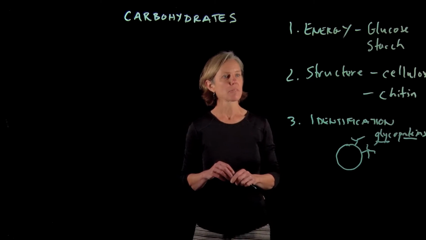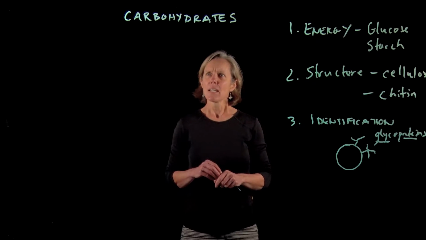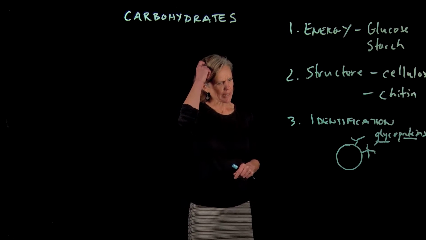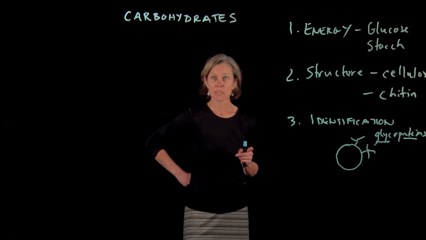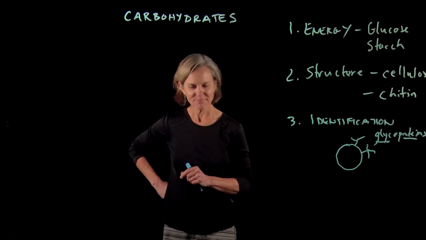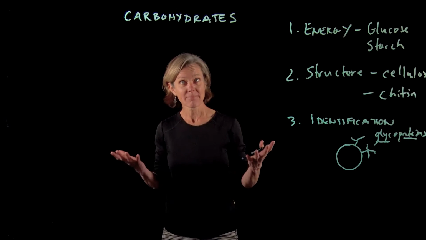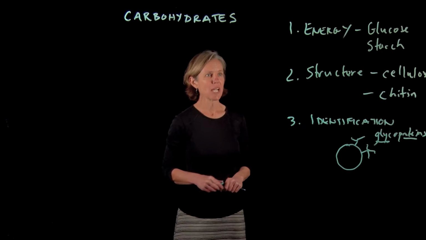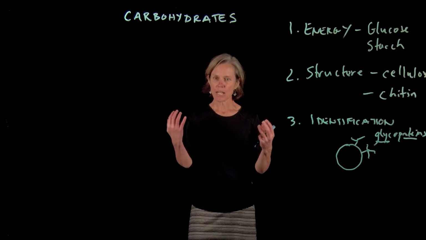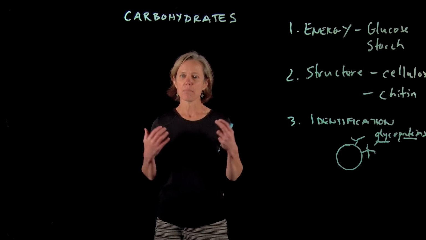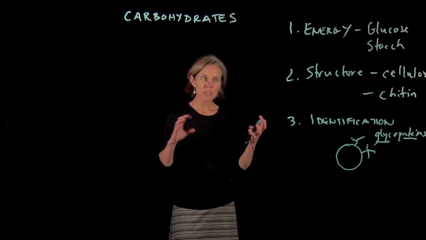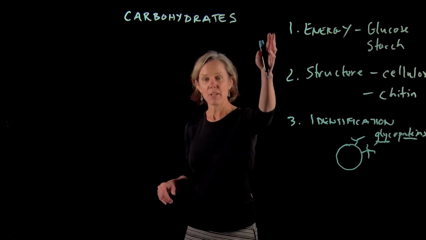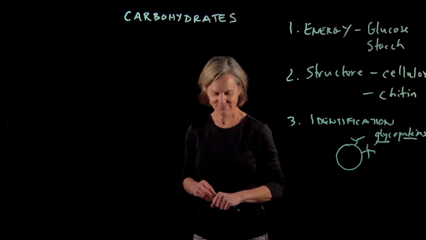Okay, so very useful for identification. So you may be scratching your head or wondering, wow, that's a lot of functions for one simple macromolecule. How do they do it? Incredible carbohydrates. Well, it's because carbohydrates can be put together in many different ways. And because they can be put together in a diversity of ways, they can have many different functions.